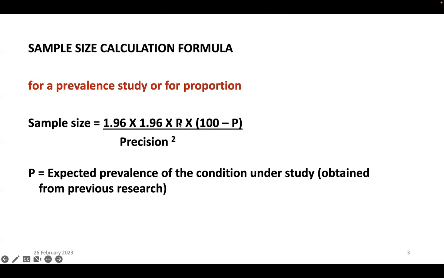In some books, they give P and 1 minus P. In that case, P you have to put 30% as 0.3, and 1 minus P will be, instead of 70%, you put 0.7. In that case, precision also, instead of 5, you put 0.05, the whole square. Understood?